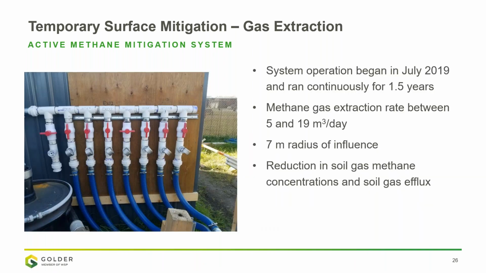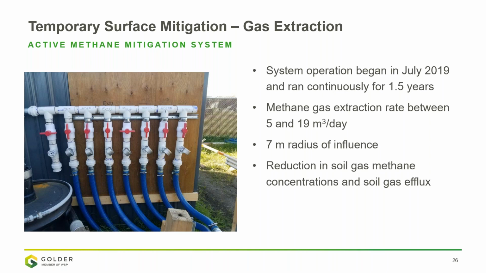It operated continuously for about 1.5 years and was pretty successful at reducing the footprint of the methane in the soil gas and keeping it tighter close to the wellhead, preventing migration towards the houses. It had about a 7-meter radius of influence, so not a huge radius of influence given the tight clay soils, but we also weren't looking for a larger one.